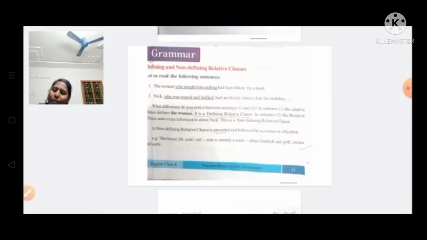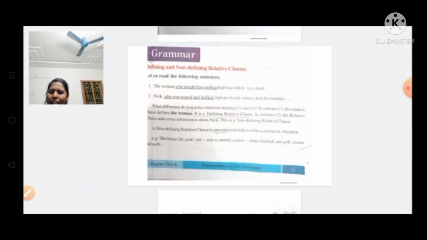An example: the woman who taught him surfing had been bitten off by a shark. The next example: Nick, who was teased and bullied, had an electric wheelchair for mobility.